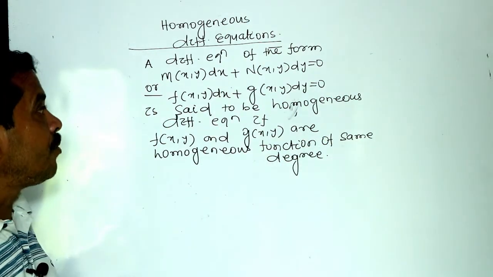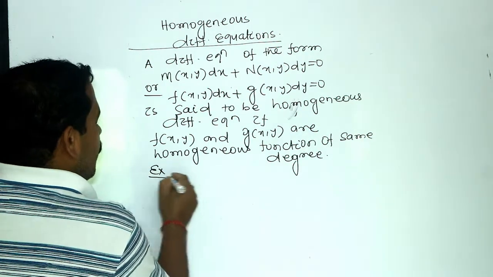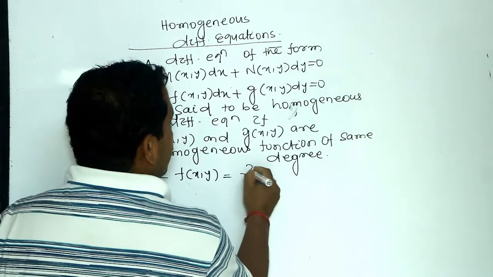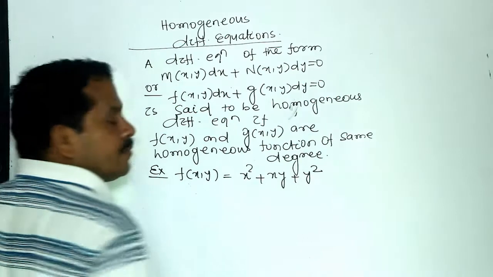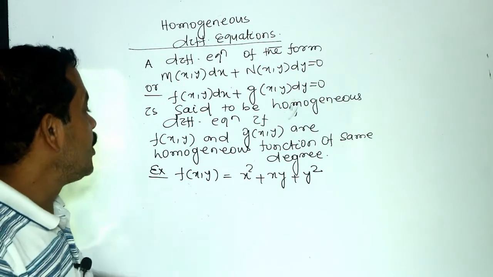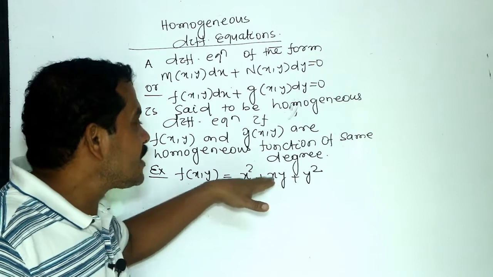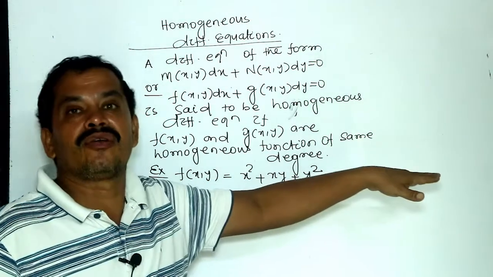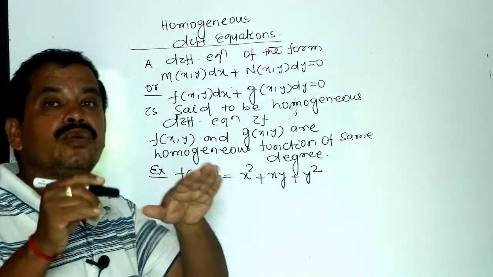What do we mean by a homogeneous function? For example, suppose the function is f(x,y) = x² + xy + y². This is a homogeneous function because each term is of the same degree and there is no constant term here. So it is a homogeneous function of degree 2.